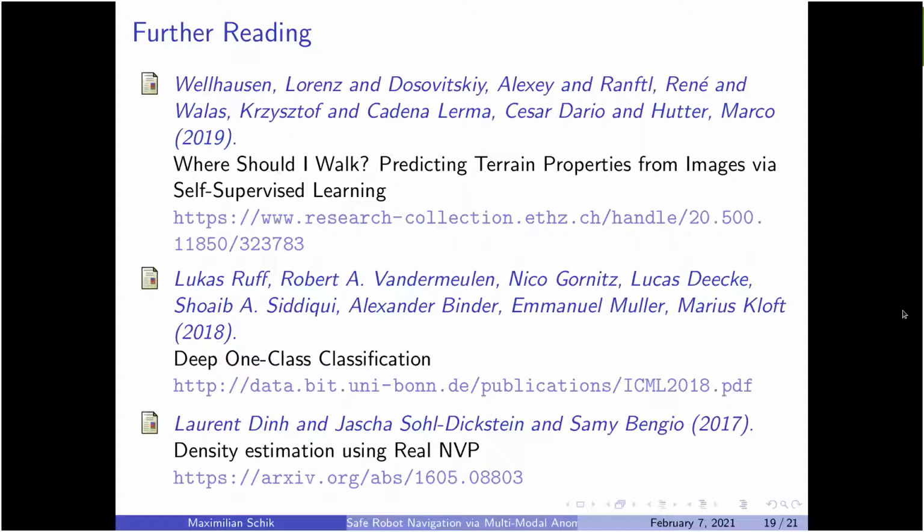If you want some reference for further reading, this paper here is more about the way the data was collected. The second one is the paper about deep SPD, and the third one is the real MVP paper. If somebody reads this paper and understands it, they might hit me up, because I don't really understand it yet.